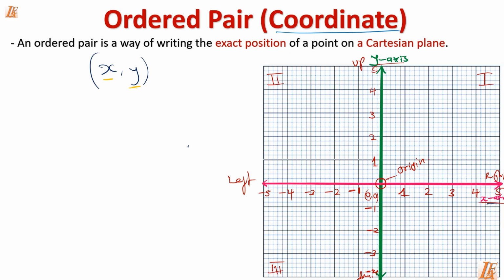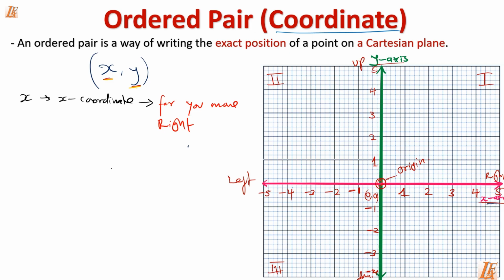So when we are locating these coordinates on a Cartesian plane in the format of x, y, it means when we are looking at a point, the x part is what we call the x-coordinate. The x-coordinate tells us how far you move to the right. Remember, when you are on the x-axis at the origin, if you move to the right, you are moving to the positive side.